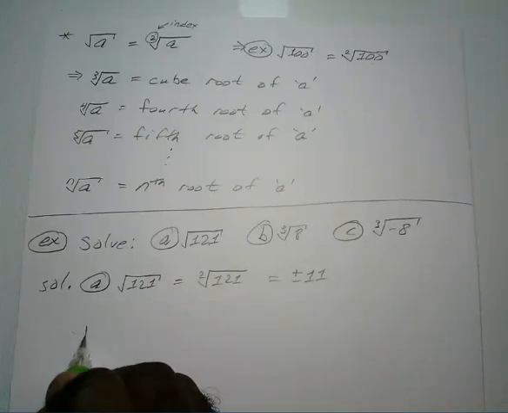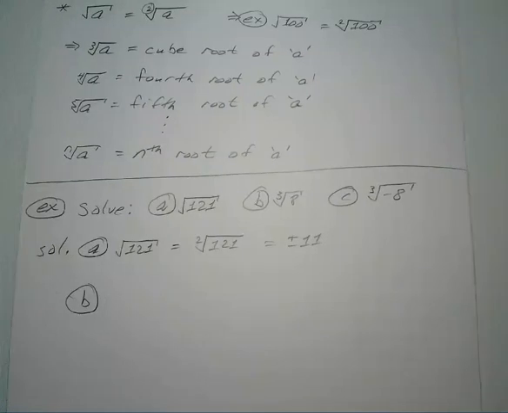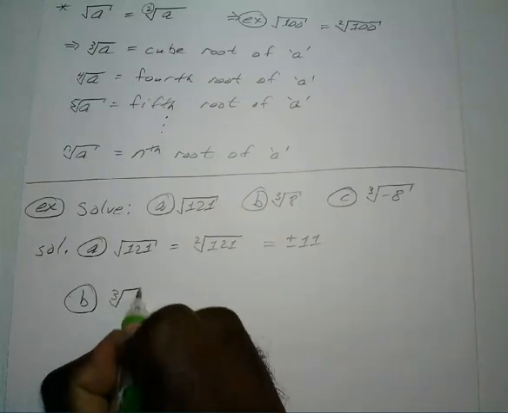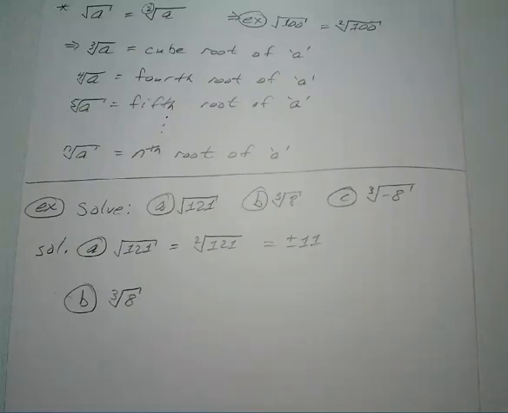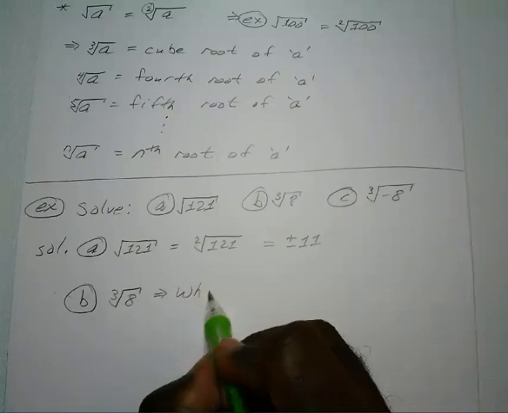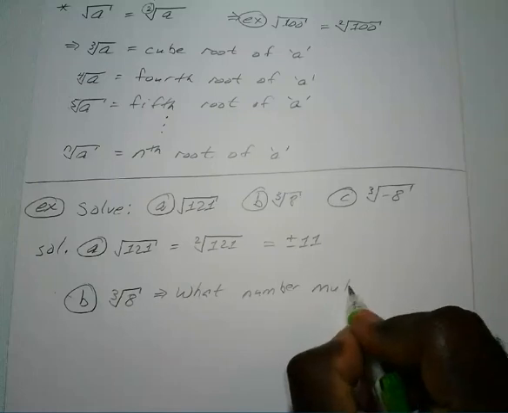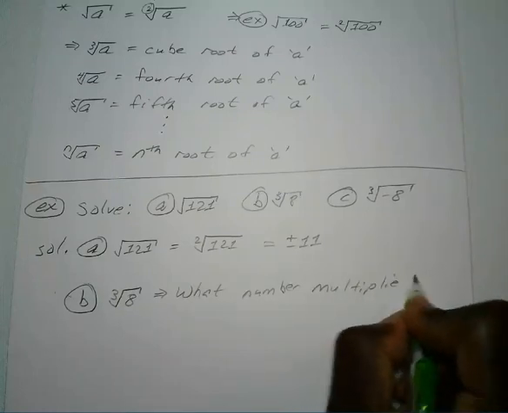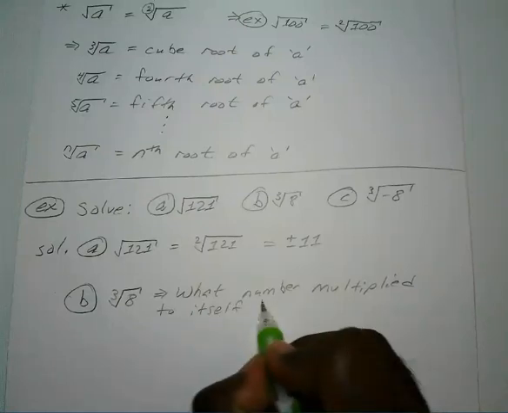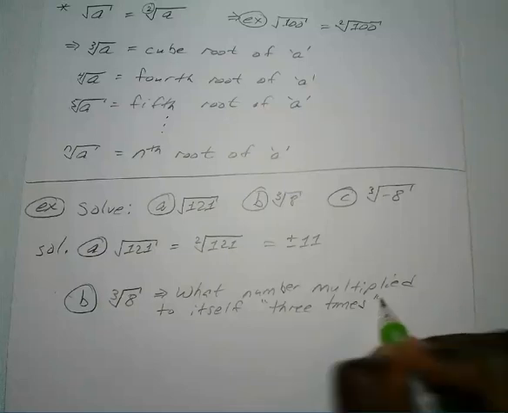Okay, same thing with B. If you look at problem B, you have the cube root of 8. We're really just asking what number multiplied to itself, in this case 3 times, will give you 8.